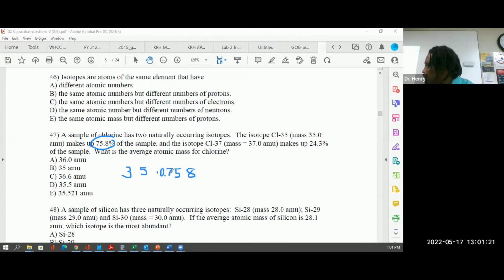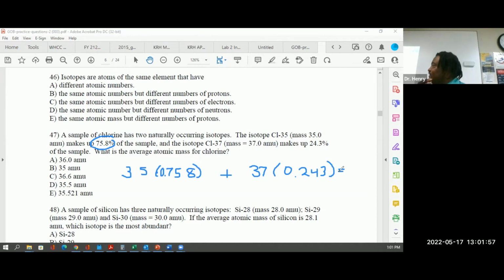It's going to be 0.758, multiplied by 35, plus 37 times 24.3. Oops, sorry, I've got to change that to a decimal, 0.243. And then we're going to add those together.